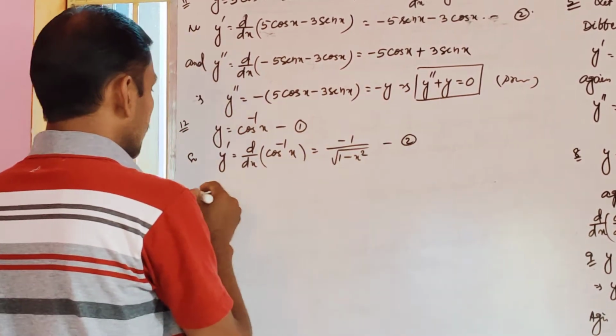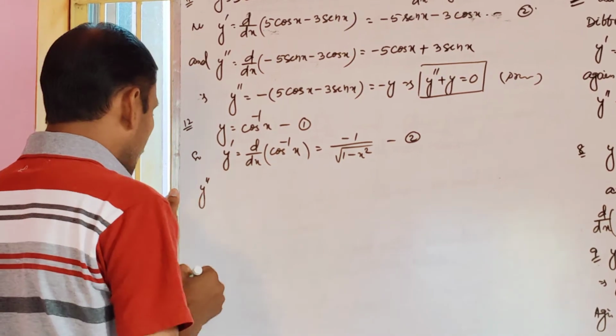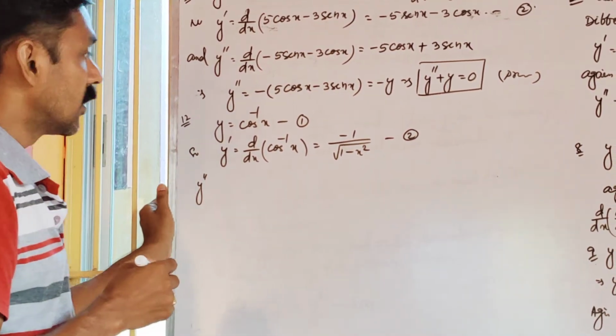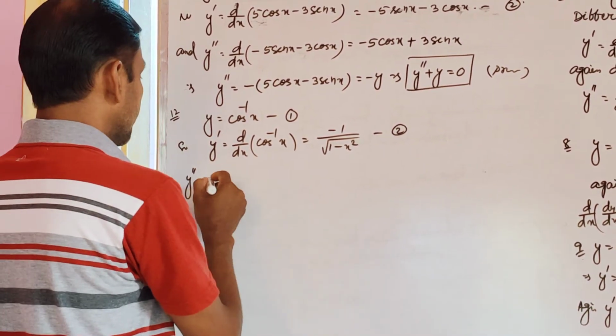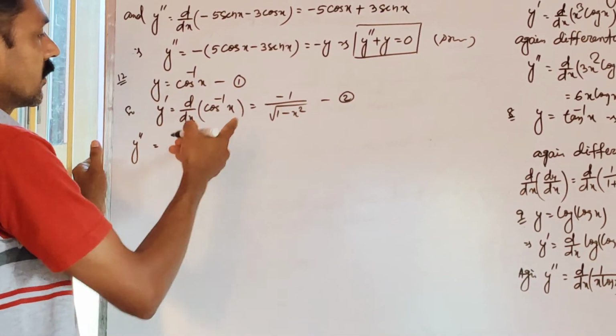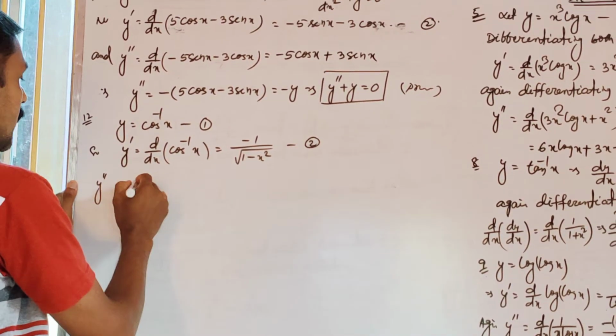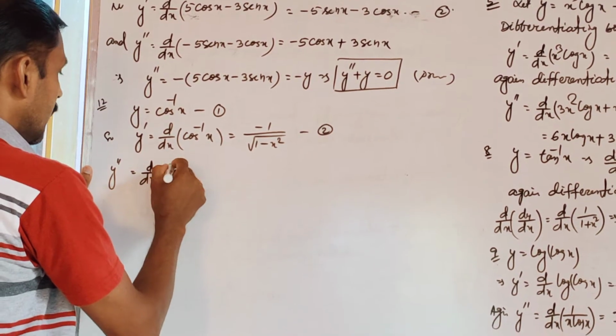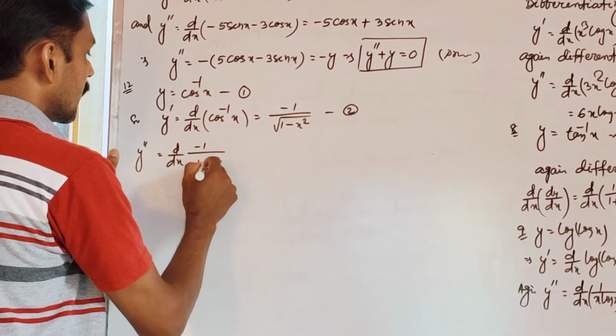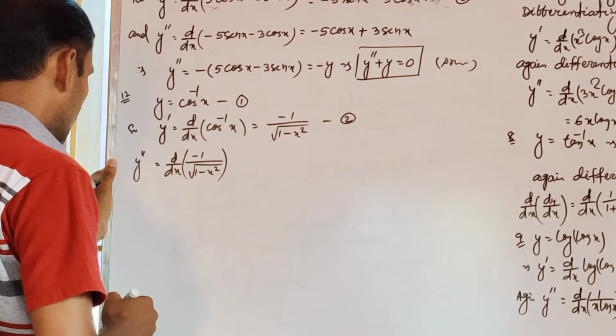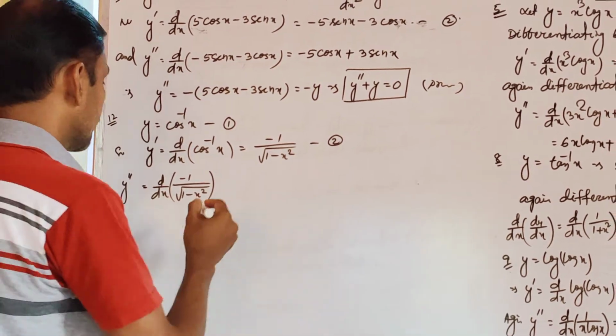Give it number 2. y double dash. y double dash will be what? The derivative of this, d by dx of minus 1 by square root of 1 minus x square.